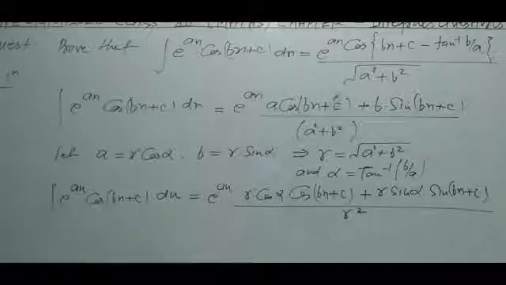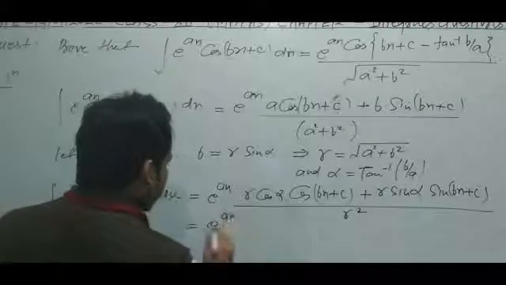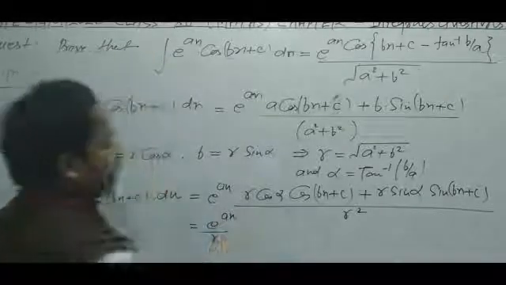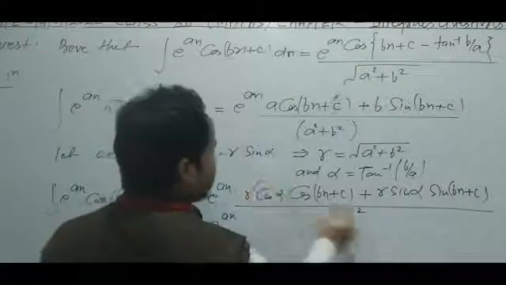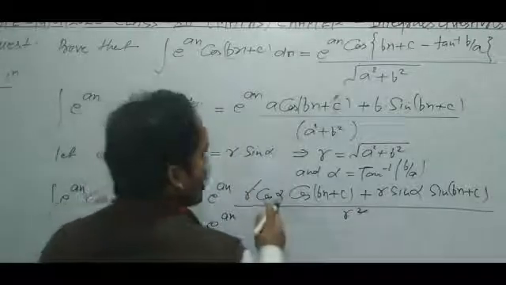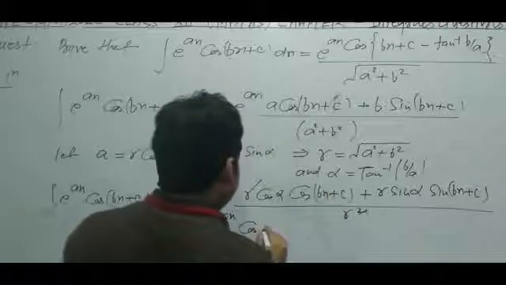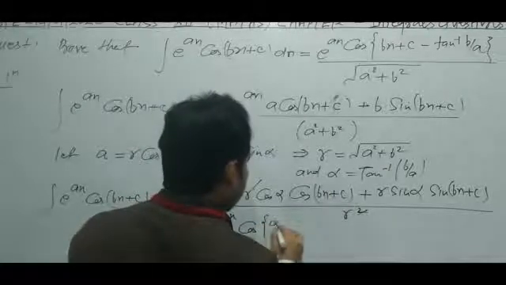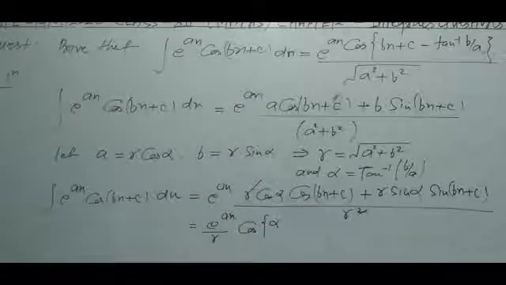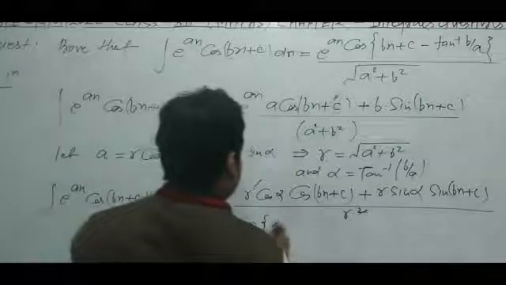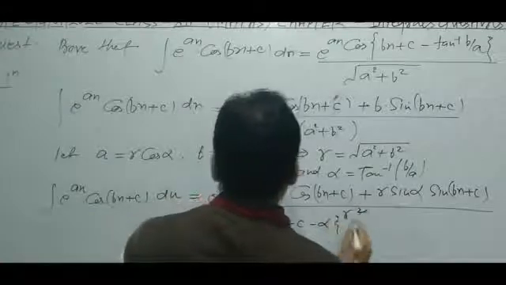The numerator will be e to the power ax upon r, with r common, and cos a cos b plus sin a sin b is the result of cos of (alpha minus (bx + c)), or we can also write cos of (bx + c minus alpha).